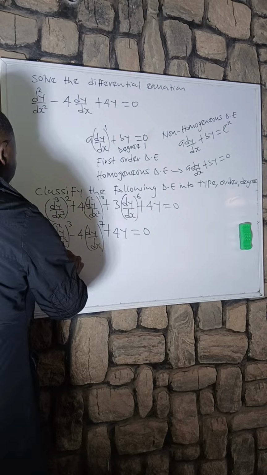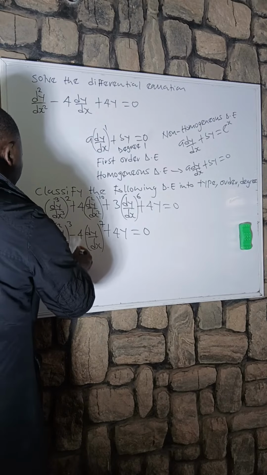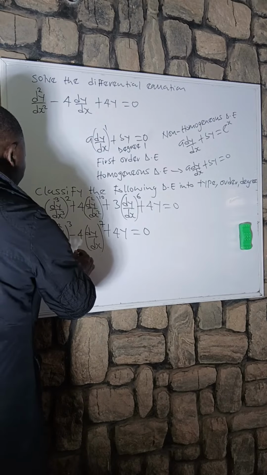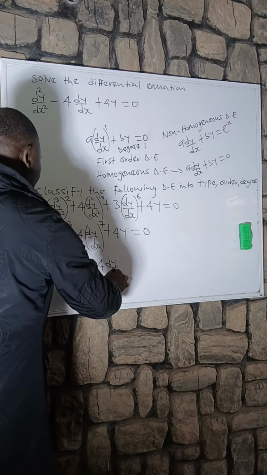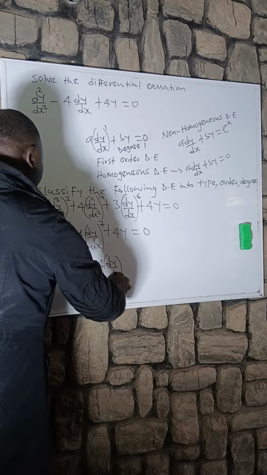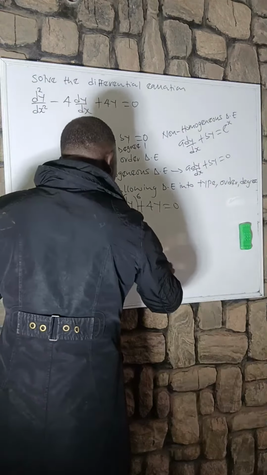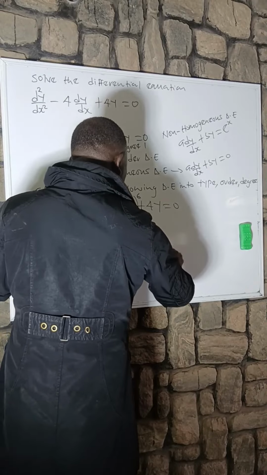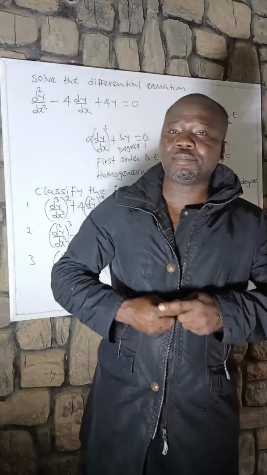Then we have d squared y over dx squared, all in square bracket raised to power 2, minus 4 dy over dx raised to power 6, plus 4y equals exponential x.